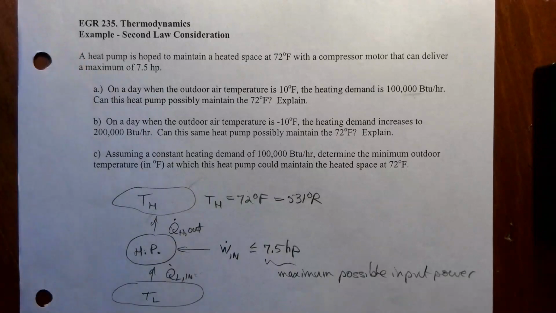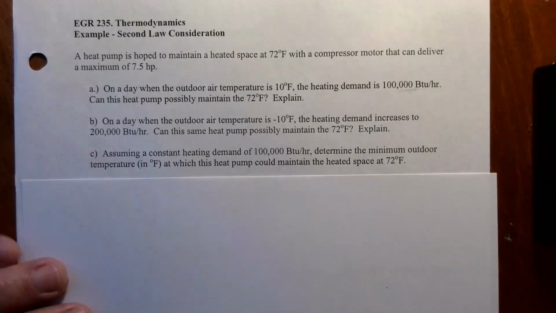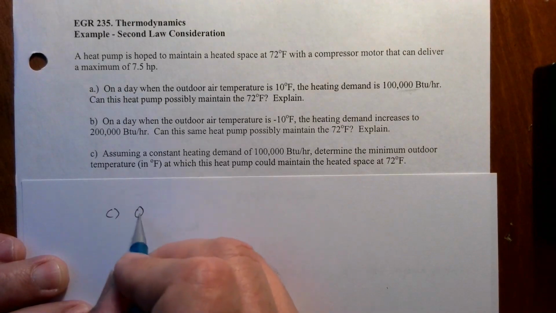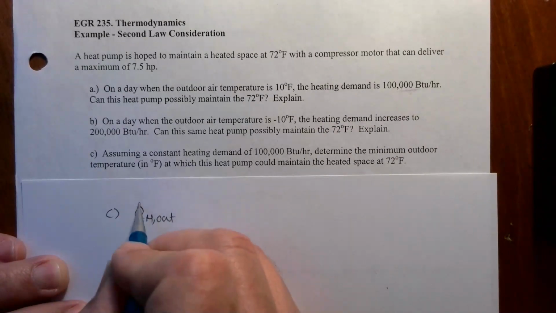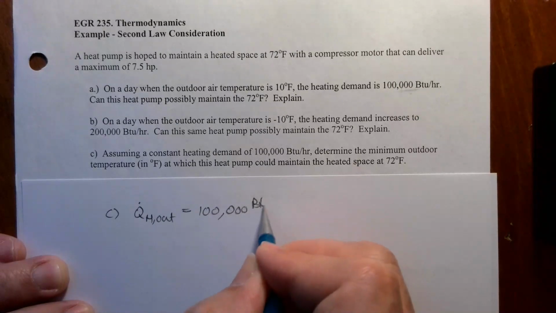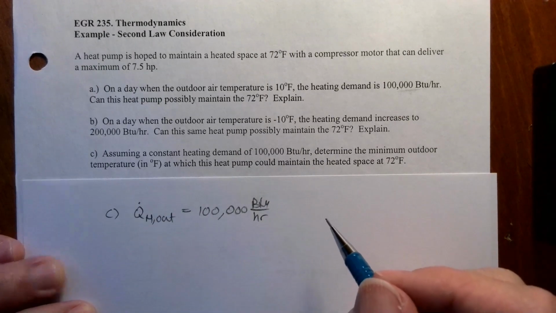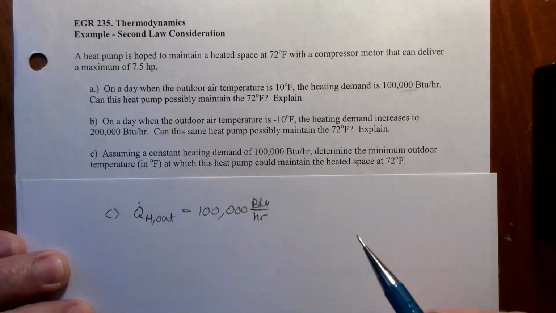So for part C, QH out dot is equal to 100,000 BTUs per hour. And we want to find the maximum operation of the pump.